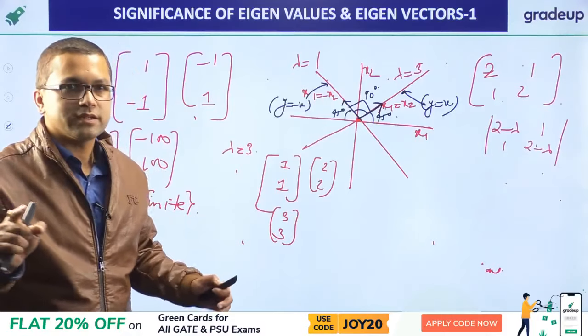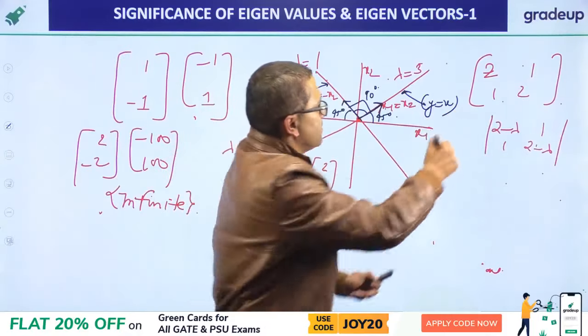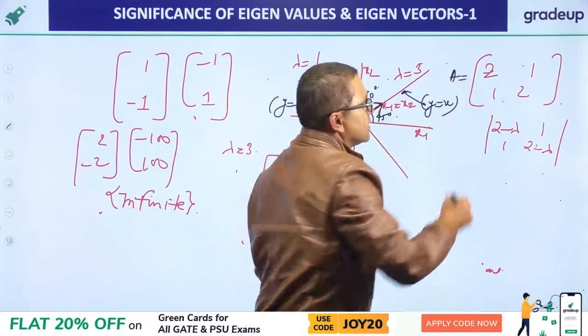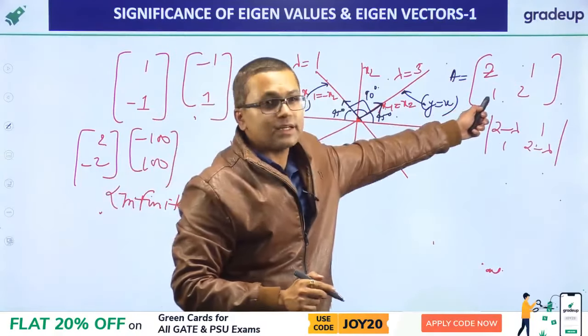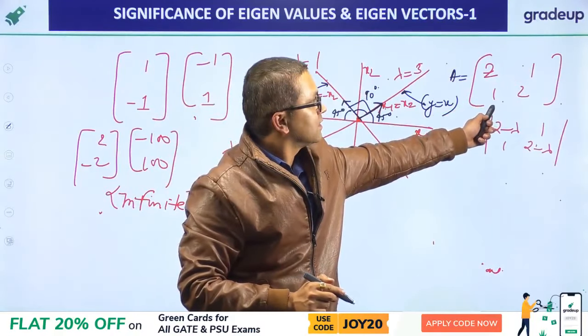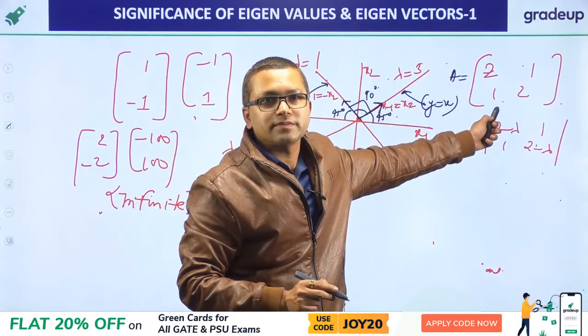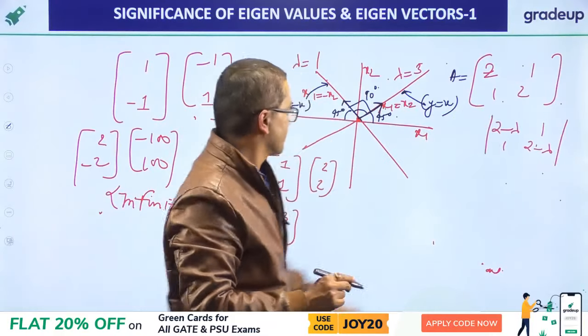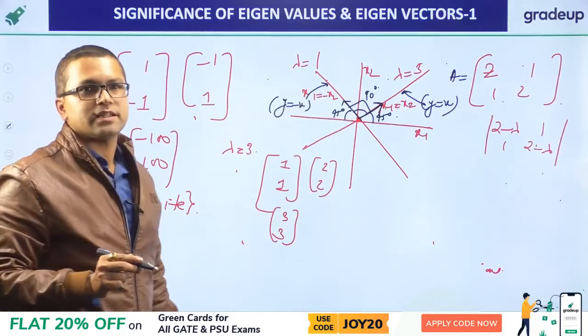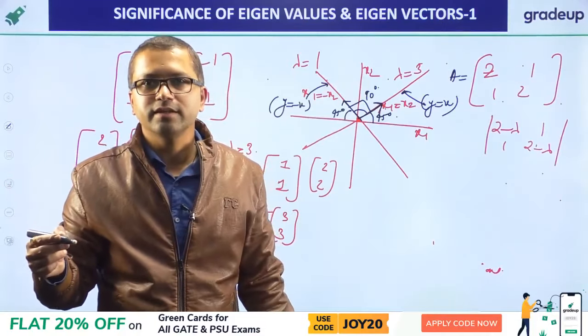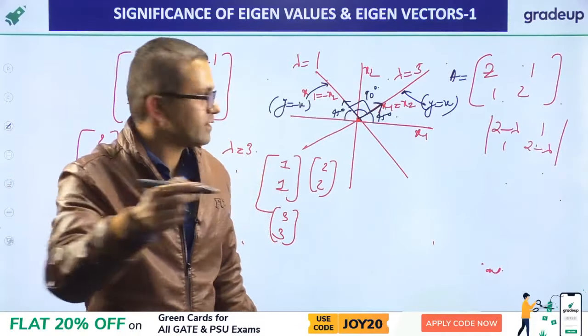So what does it mean? See, this was the matrix that we started with and it's a symmetric matrix, right? Agreed? A is a symmetric matrix, right? What's a symmetric matrix?